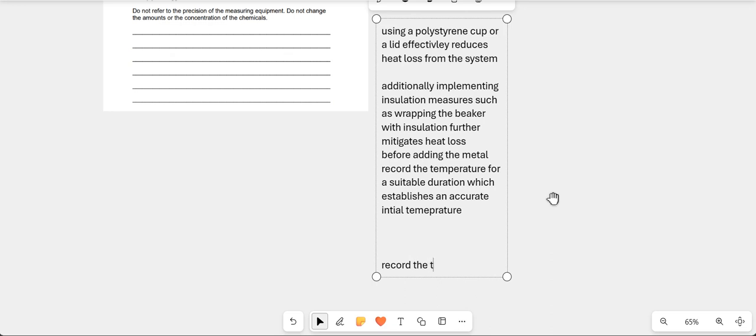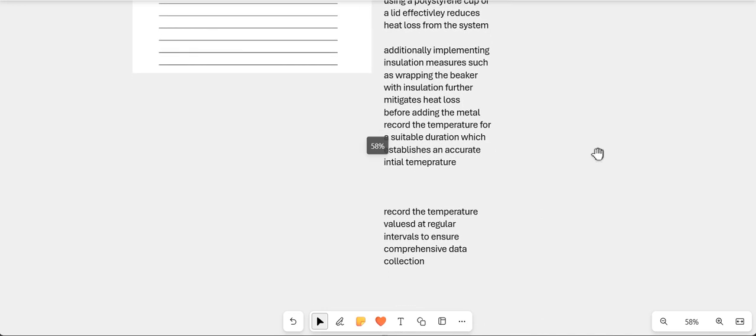And then record the temperature values at regular intervals to ensure comprehensive data collection.